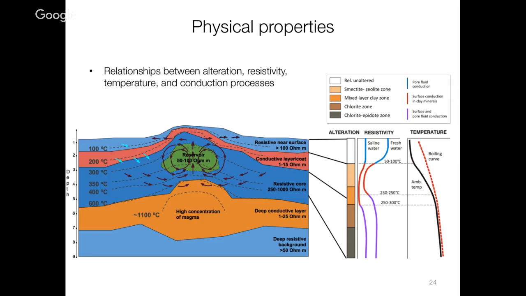It's helpful, in fact I think it's almost essential, every time you use a geophysical method, that you've got a pretty good idea about the geologic structure, or a cartoon at least, that helps you ground what it is you're looking for. And here's the one that works for the Icelandic environment.